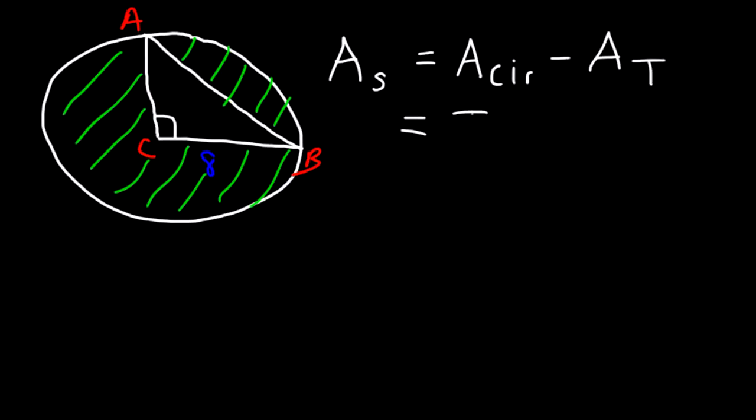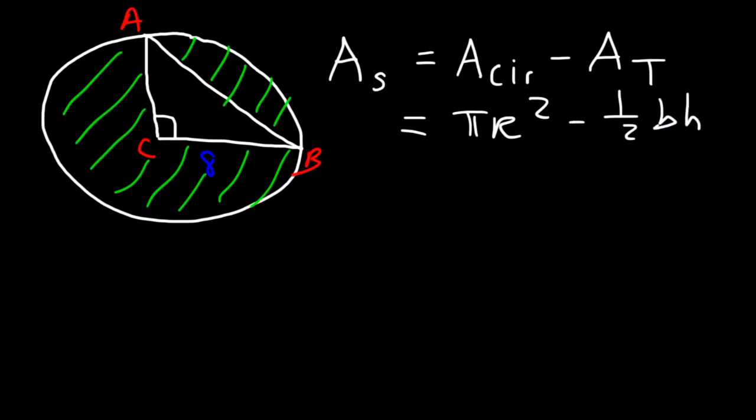To find the area of the shaded region, it's going to be the area of the large object on the outside, which is the area of the circle, minus the area of the object on the inside, which is the area of the triangle. So the area of the shaded region is going to be pi r squared minus 1/2 base times height.